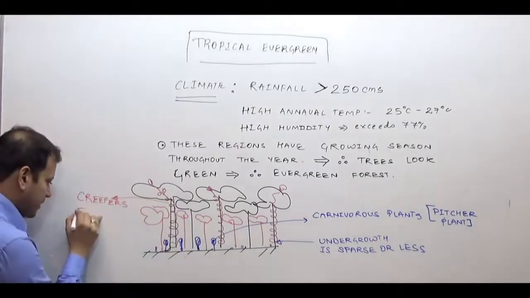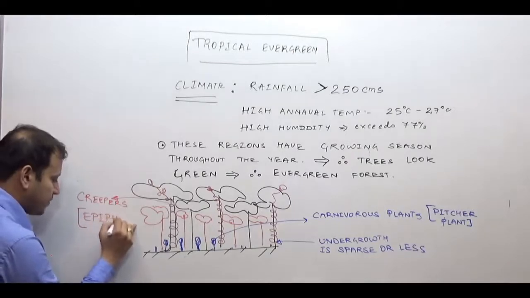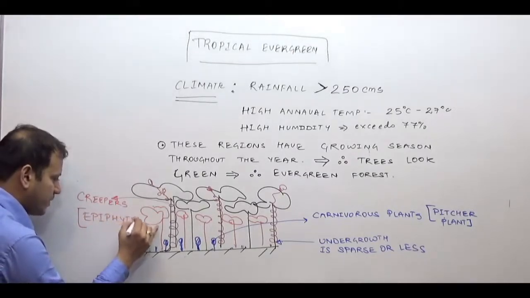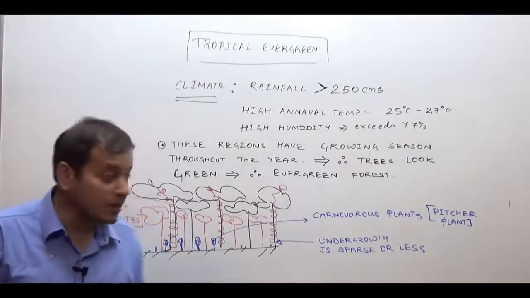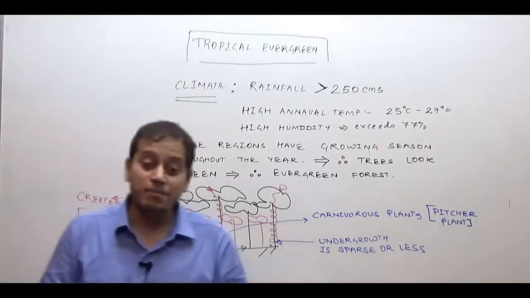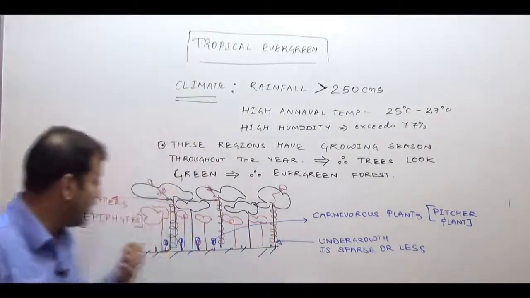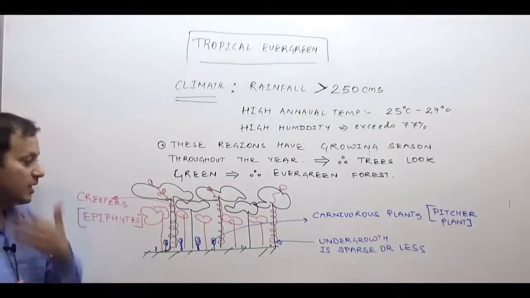And the creepers, in our geography we will call them epiphytes. So this region, the tropical evergreen forest region, is rich in creepers, or in the epiphytic plants. These are the plants which climb on the larger trees.